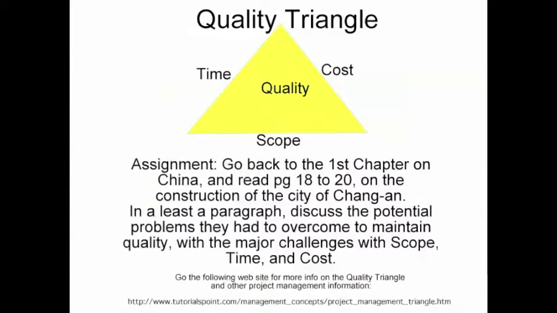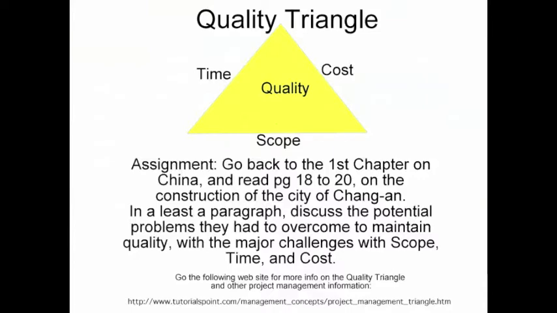In conclusion, the quality triangle is only meant to give a visual representation of the main qualities involved in a project. Every project has to have these particular items taken into account.